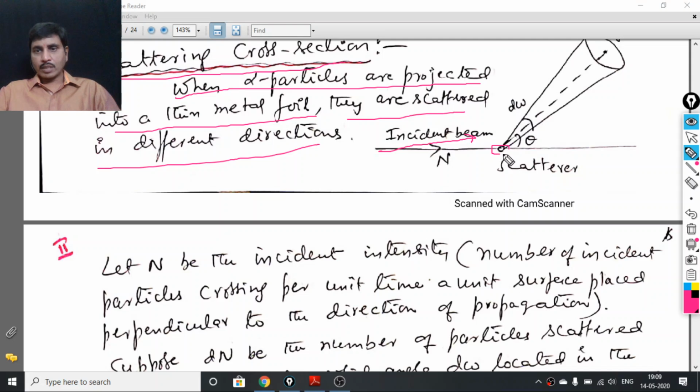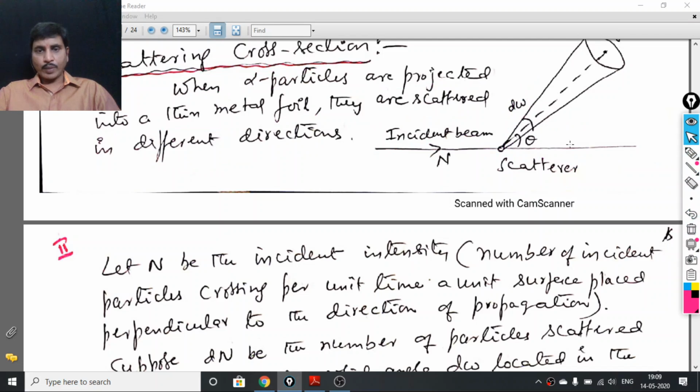This is the scatterer, that is a metal foil. After scattering, the alpha particles are deflected in this cone of directions. The solid angle of the cone is d omega.